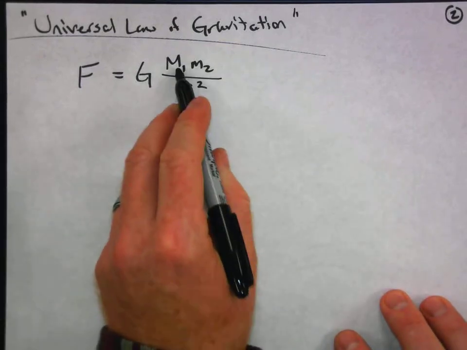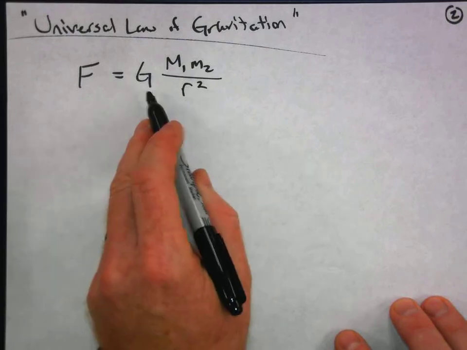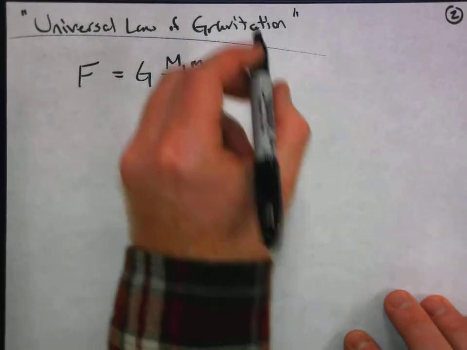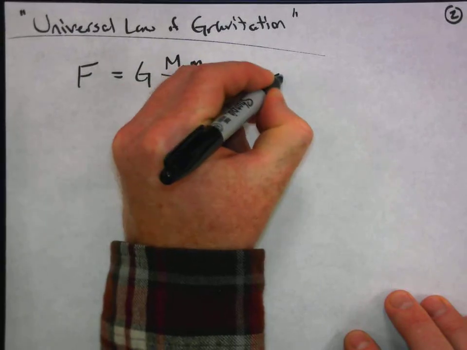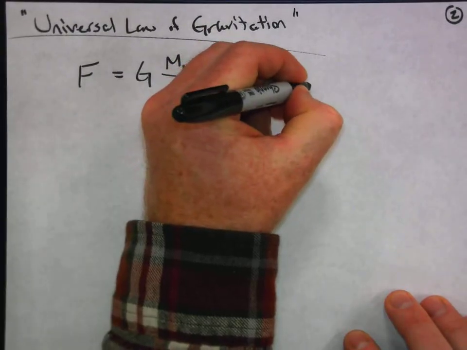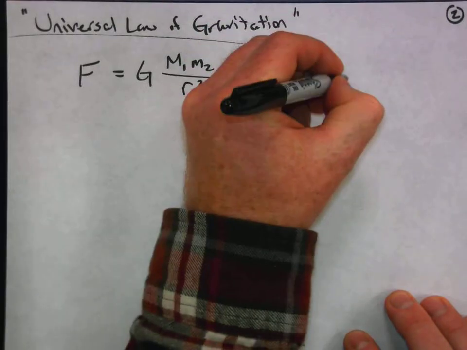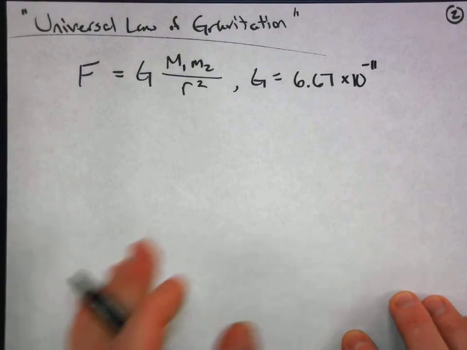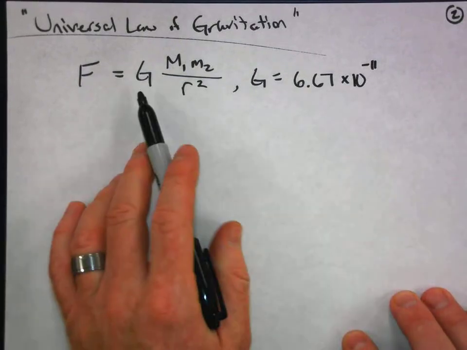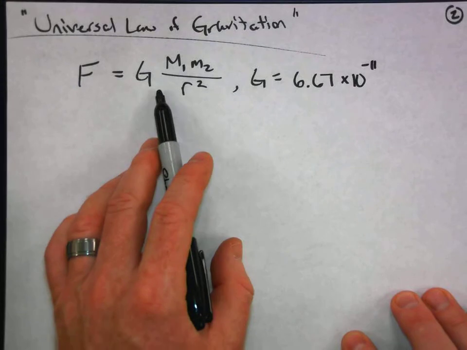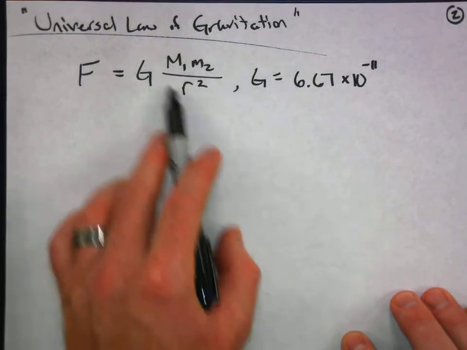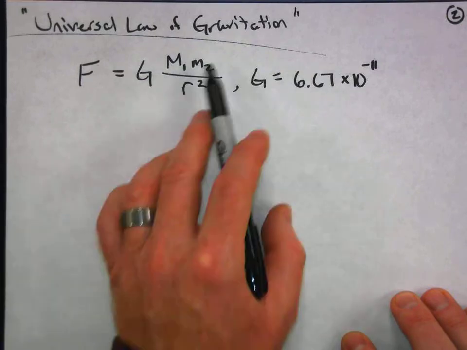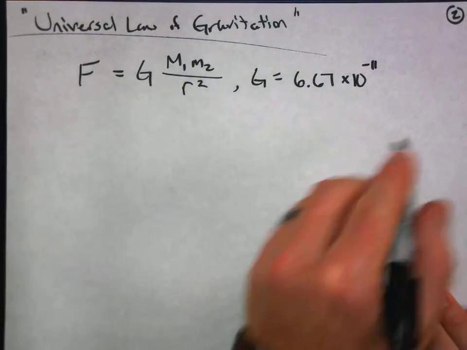Now, mass and radius as a distance, that's easy. This G is called the gravitational constant. Its value is actually quite small, 6.67 times 10 to the negative 11. Its units look a little strange, and the units are simply such that they will allow conversion of kilograms squared divided by meters squared into newtons to make this equation work out.